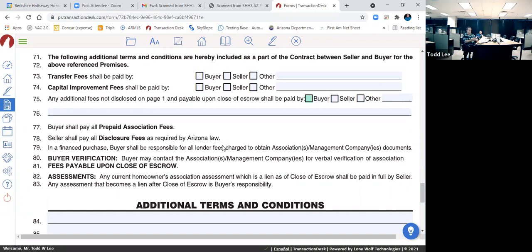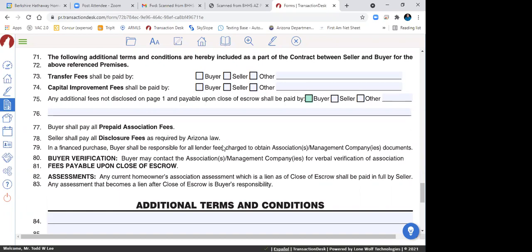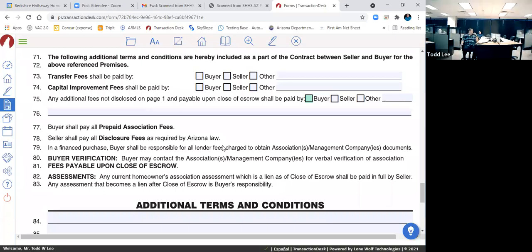So usually for the whole process to complete itself, it can take about 10 days from the time the documents are requested from the HOA to the buyer actually getting them back. It can be 10 days or longer. It just depends on how quickly the property management company gets you that packet. Some of them are very slow.